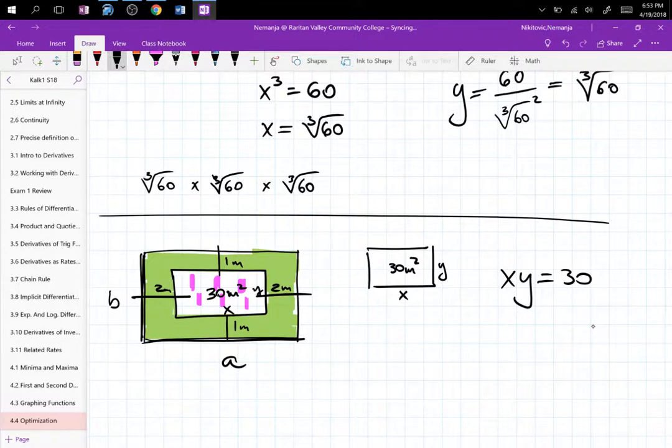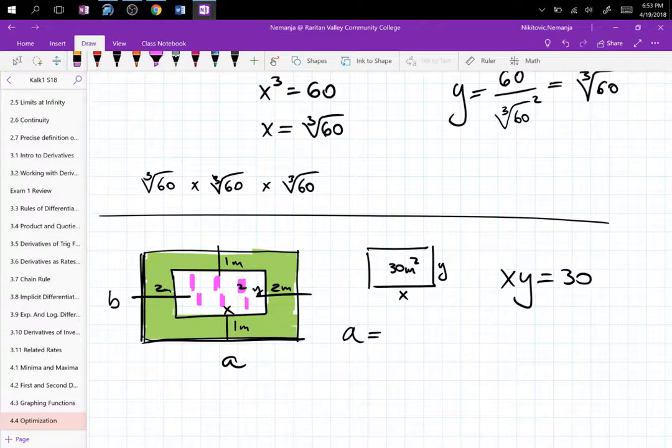What is the length for A? How long is A? Look at the diagram. No, area. This 30 is not a length, so don't look at that.